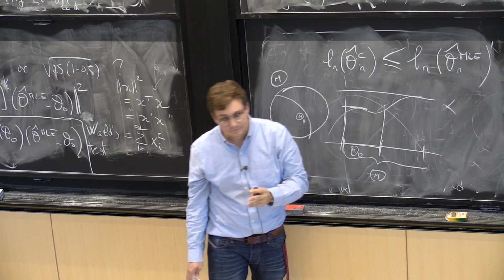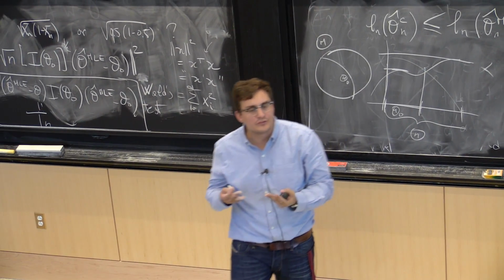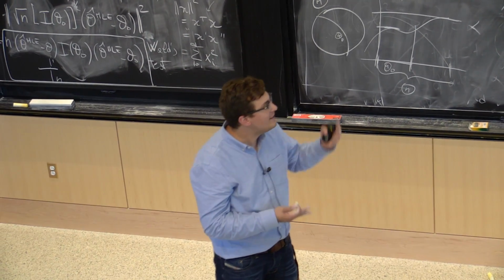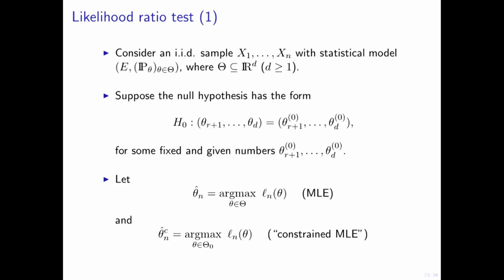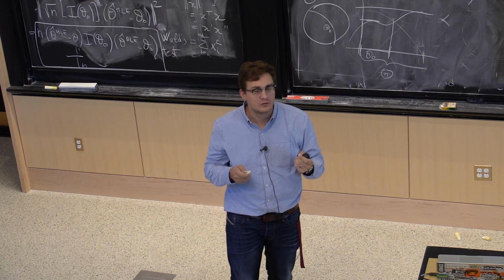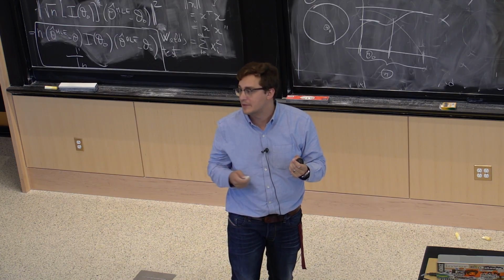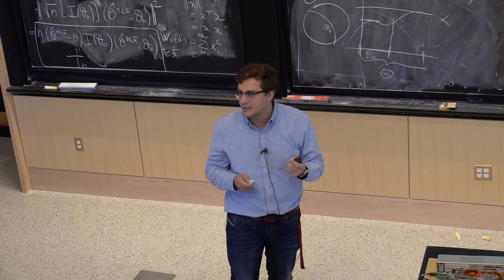Okay? So my test is going to be built on this intuition that if H0 is true, the values of the likelihood at theta hat MLE and at the constrained MLE should be pretty much the same. But if it's not true, then the likelihood of the MLE should be much larger than the likelihood of the constrained MLE.